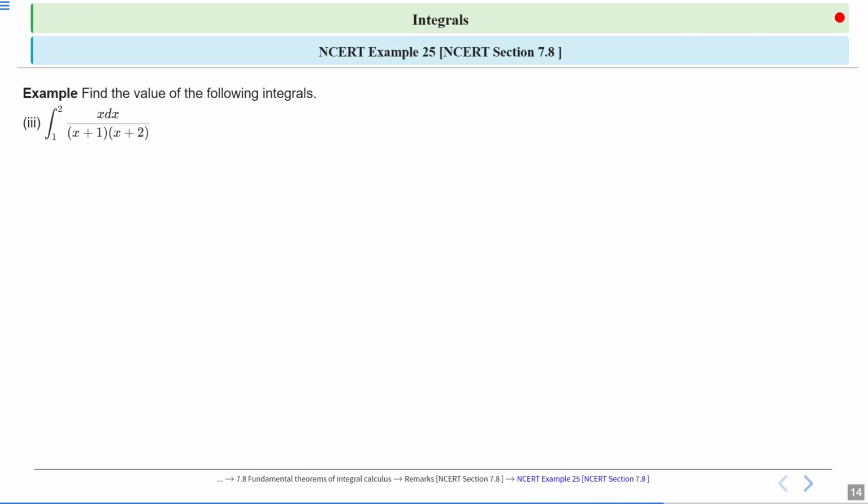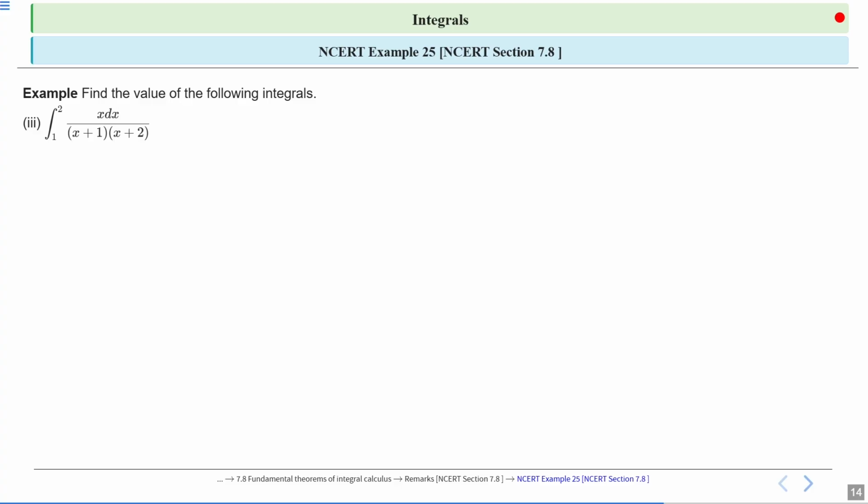Example number 25 is: find the value of the following integral. We have to calculate the definite integral from 1 to 2 of x dx by x plus 1 into x plus 2. In the first step, you have to find the value of the indefinite integral x dx by x plus 1 and x plus 2.